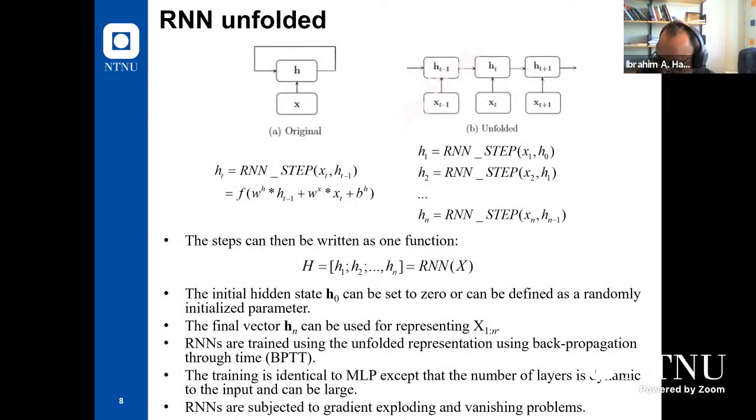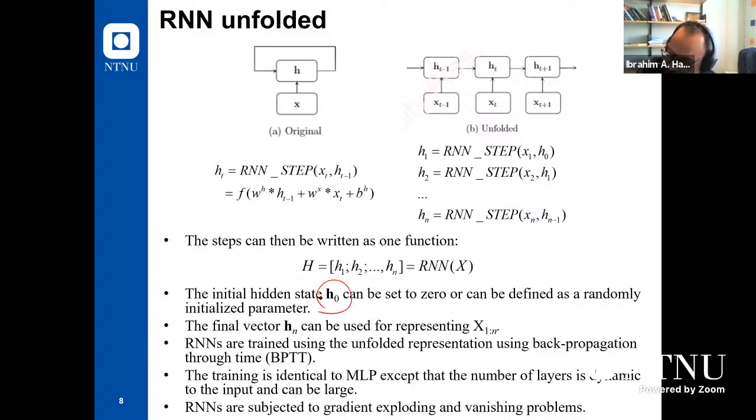The mathematics, the steps, can be written as one function. In this unfolded case, we record all states, so we will have H1, H2, and Hn, for example, if we have n time steps. So this is our RNN model. The initial state H0 can be set to 0 or defined as randomly initialized parameters.